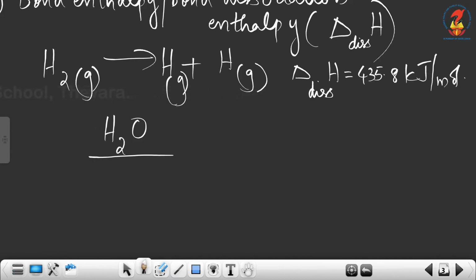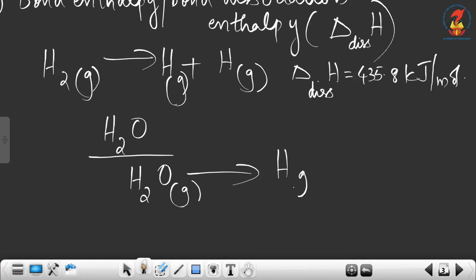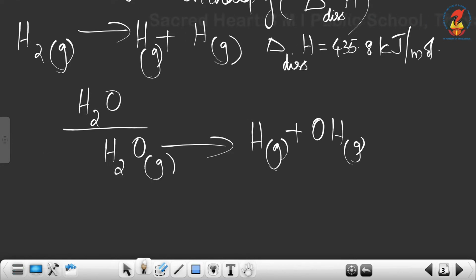When it breaks, first one OH bond breaks and it dissociates as H plus OH. There is a value for bond dissociation enthalpy because we had to give energy to break H2O. So delta H dissociation is 502 kilojoule per mole.